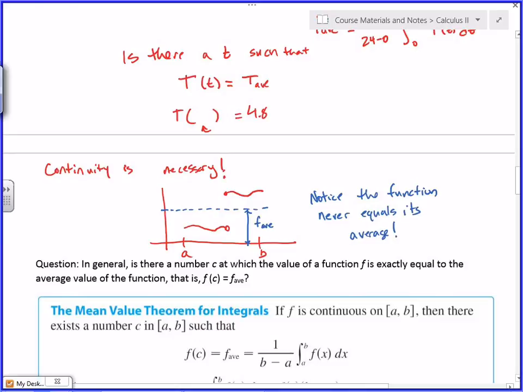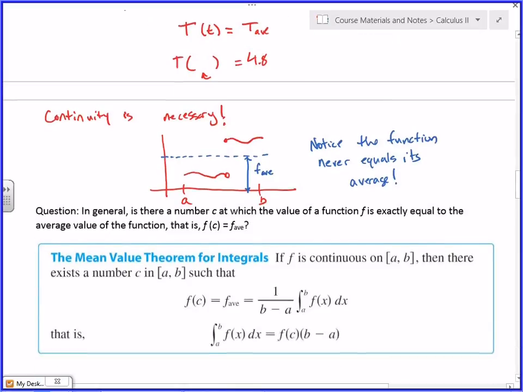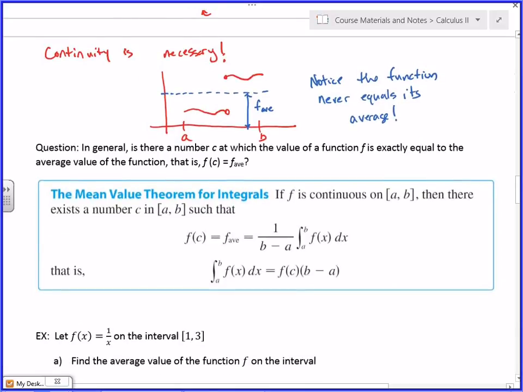It's kind of like saying your average for this course is, say, an 85 in this class, but you never made an 85 on any assignment. That's not so unusual, right? For averaging discrete values, your average can be in between some of those values. On the other hand, if you had a continuous measurement of temperature, then it would actually have to pass through that average value.